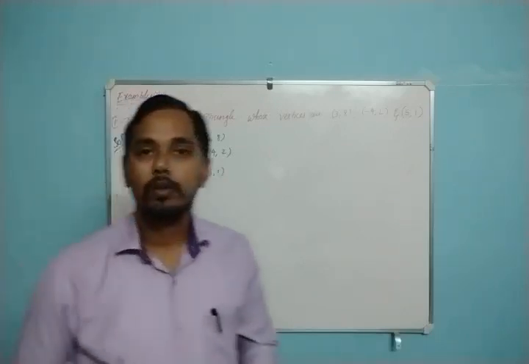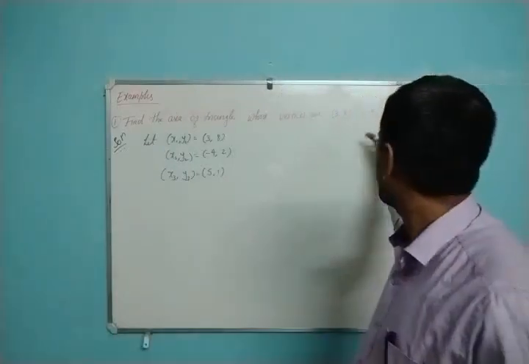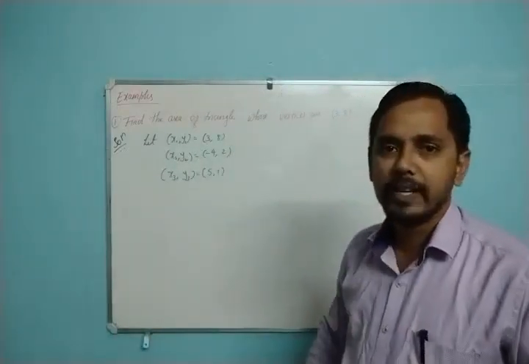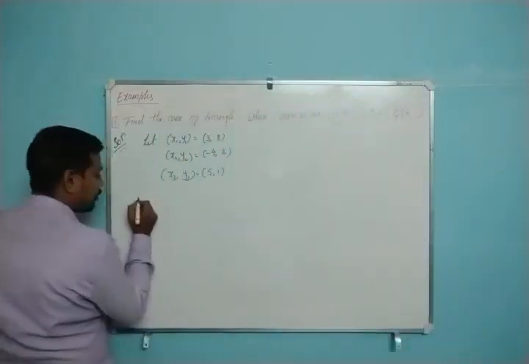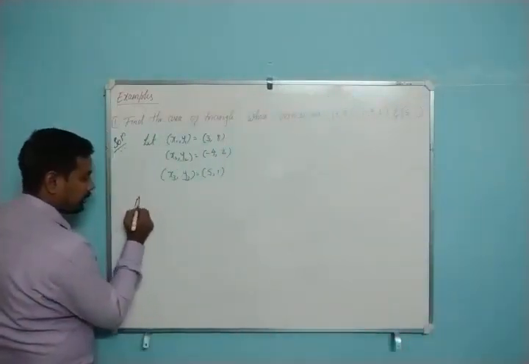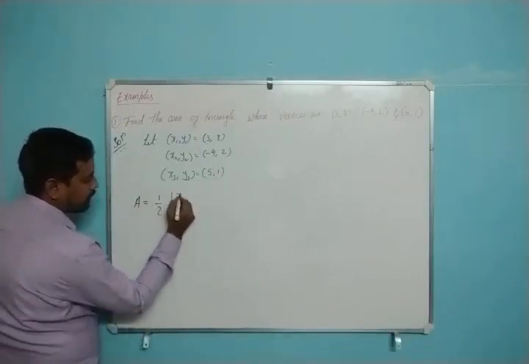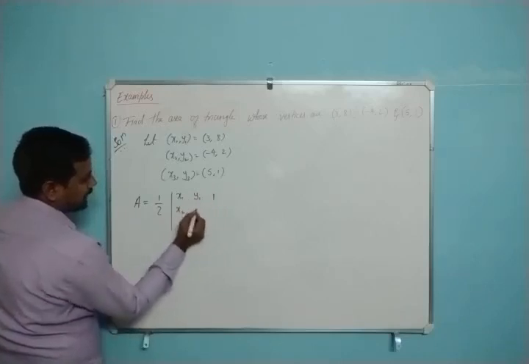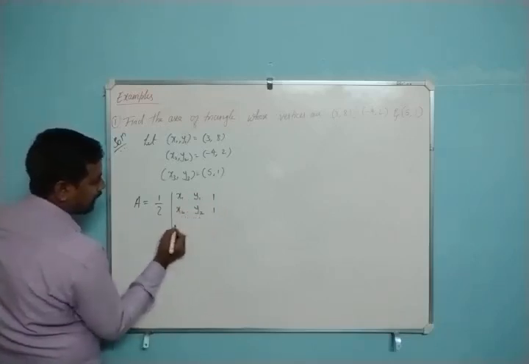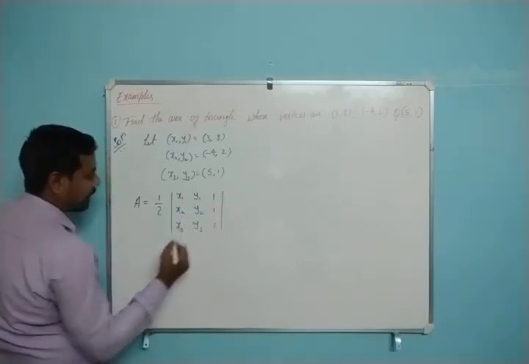Okay, so let us assume that these are the vertices. Given vertices we have assumed as (x1, y1), (x2, y2) and (x3, y3). Then area is given by half times the determinant with rows x1, y1, 1; x2, y2, 1; x3, y3, 1.